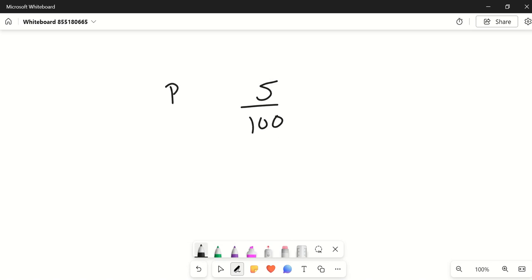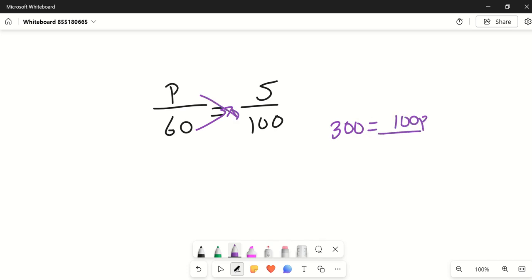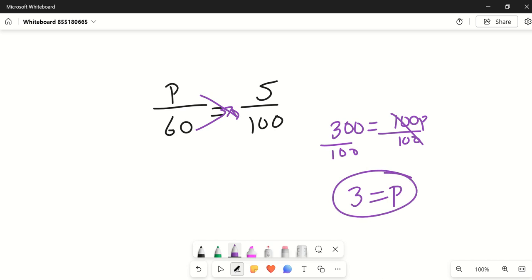We don't know our number. 60. 5 times 6 is 30, but we're annexing a 0, so 300 will equal 100p. Since we're multiplying those, divide by 100. This will be 3. P equals 3. Therefore, 3 is 5% of 60.